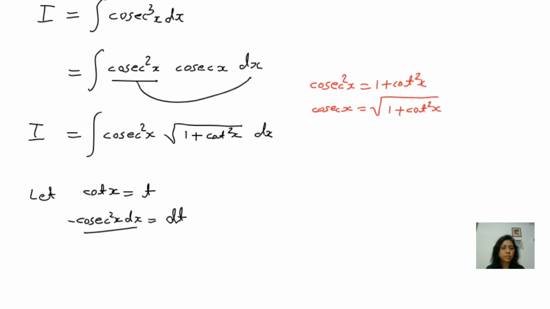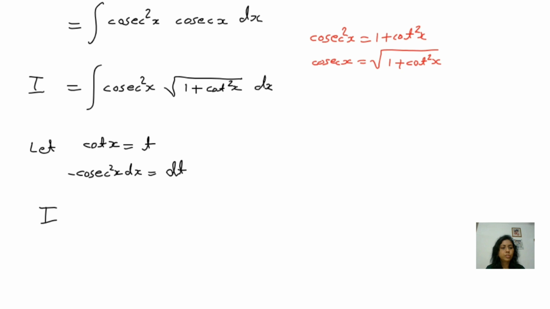Now the integration will be, cosec square x dx is minus dt, because the minus transfers to this side, so minus dt.